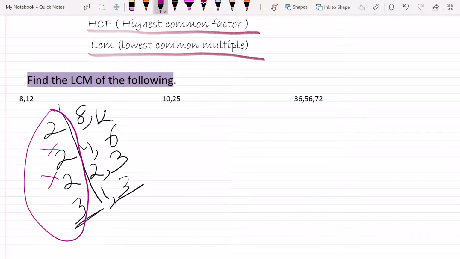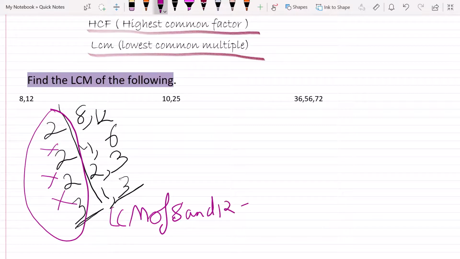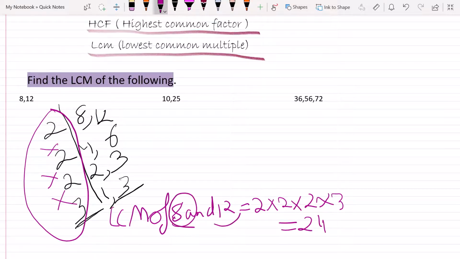Here we have to multiply those numbers together. So the LCM of 8 and 12 is 2 multiplied by 2 multiplied by 2 multiplied by 3, which is 24.